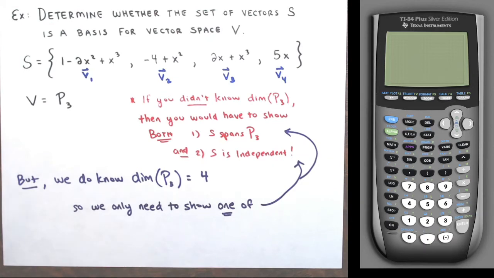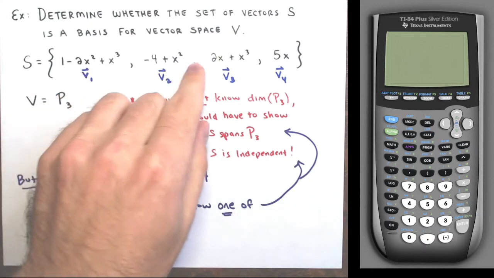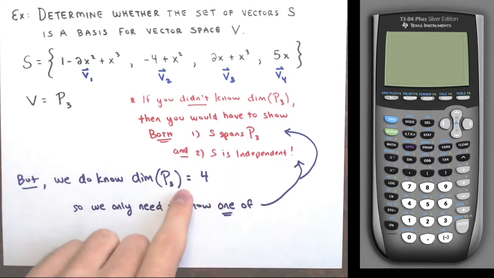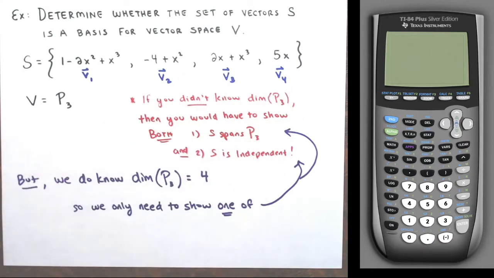That's why I said that's what the last page meant. Okay. Now look at the number of vectors in S. There are 4 vectors in S. That's not less than 4. That's not greater than 4. The number of vectors in S is equal to 4.